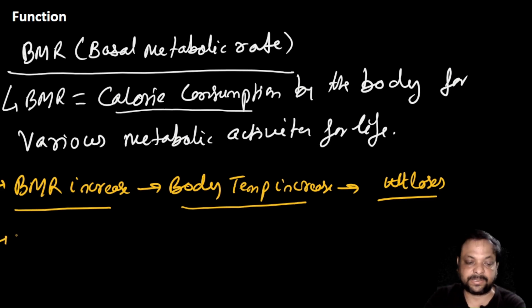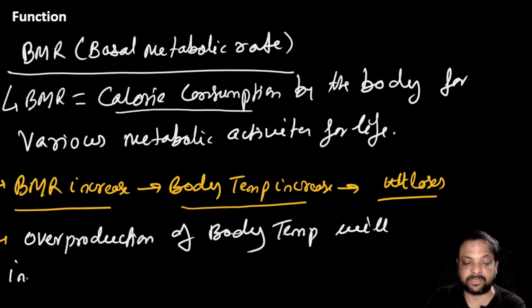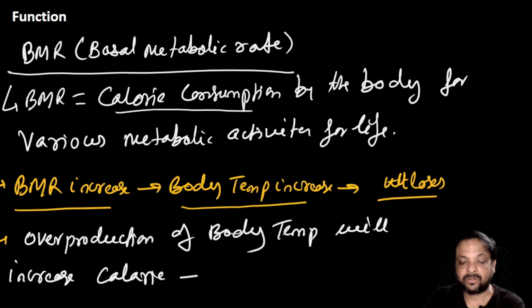So here, normally we find that overproduction increases body temperature and increases calorie consumption, which is called calorigenesis. So what is it called? Calorigenesis.